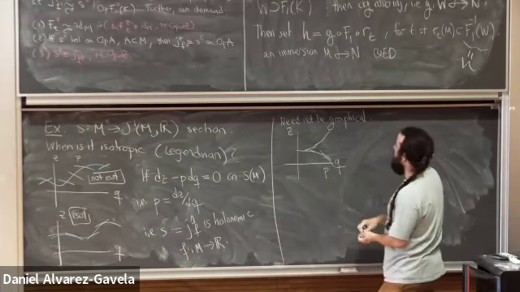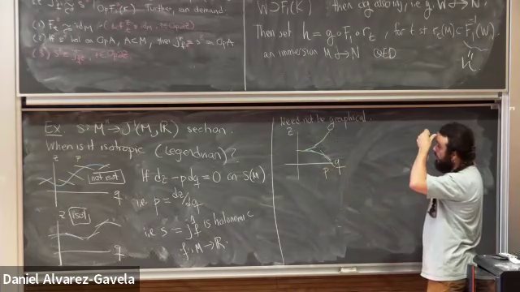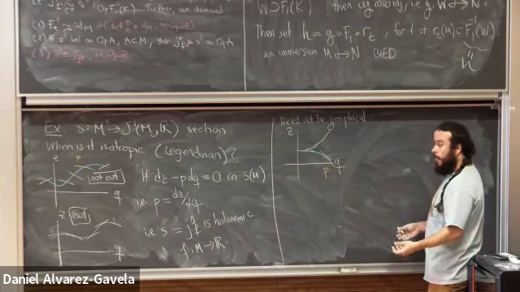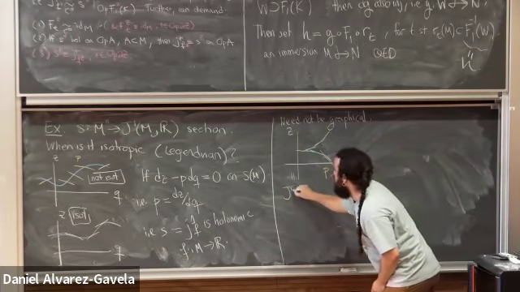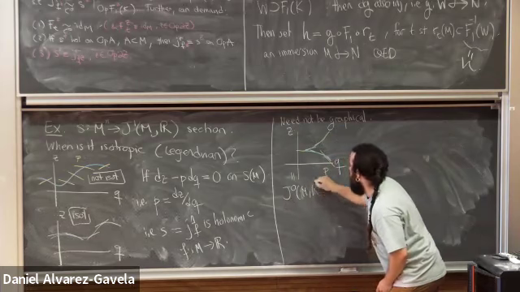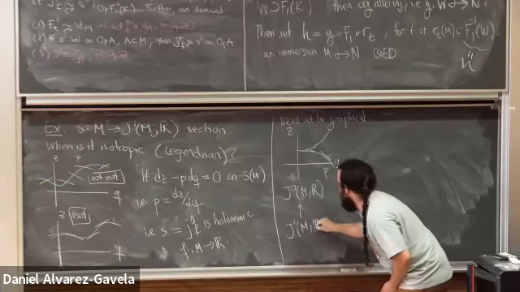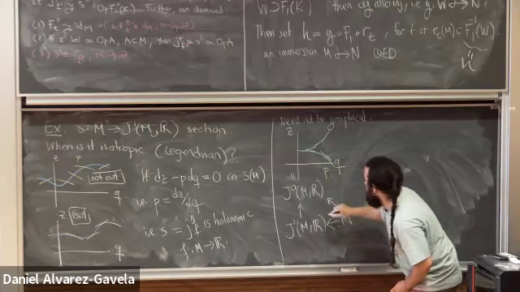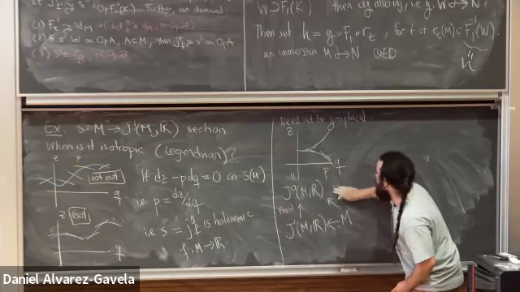So this, for example, is another perfectly fine Legendrian embedding. And you're going to say, but it has a singularity. It doesn't. Remember, this is J0 of M, R, and what we're seeing here is the image under this forgetful map of M. This is called the front projection, and this is called the wavefront.